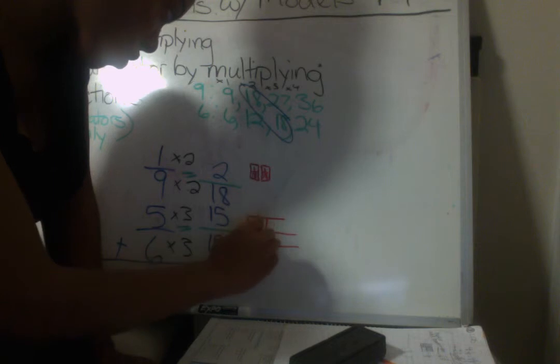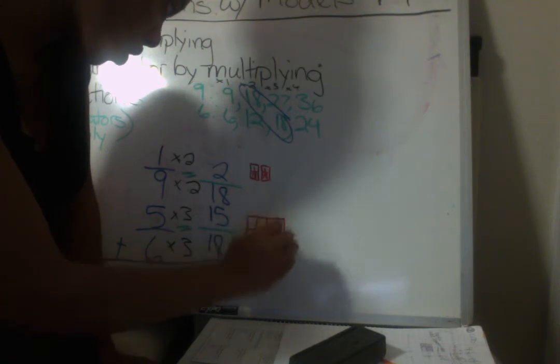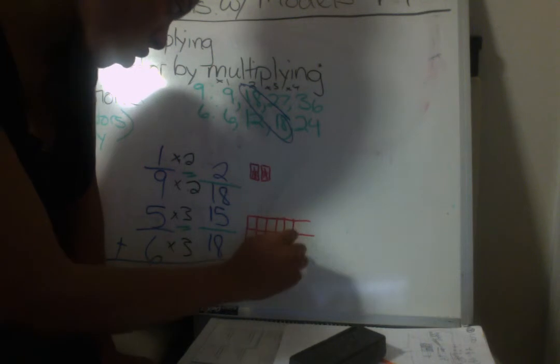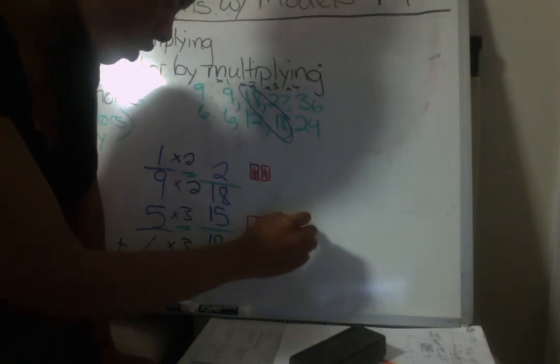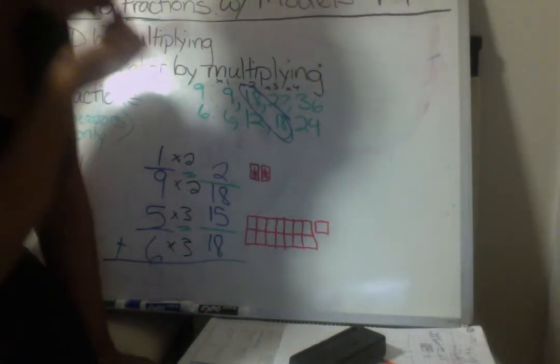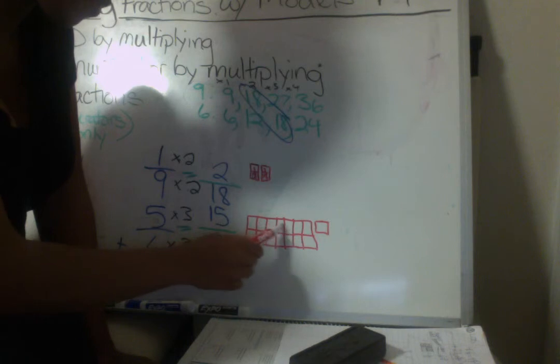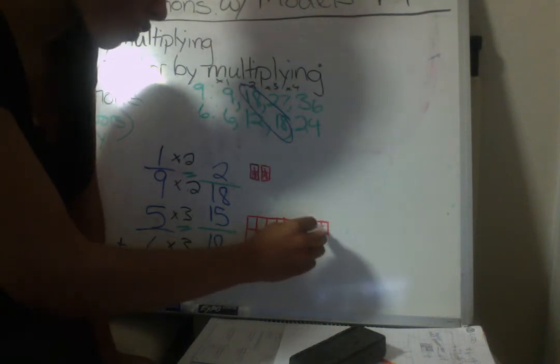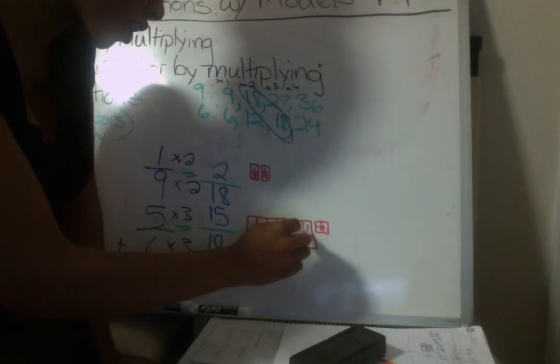2, 4, 6, 8, 10, 12, 14, plus 1 more is 15. 1, 2, 3, 4, 5, 6, 7 times 2 is 14 plus 1, 15. All these are 18ths out of 18.